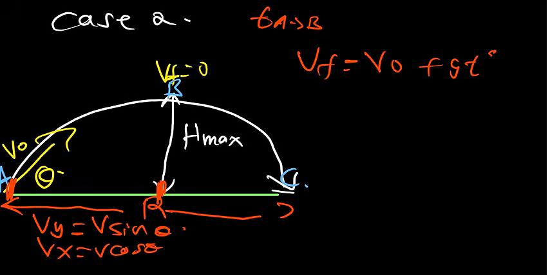Now remember, we are using Vy, so I'm going to say Vy here, and Vy here as well. Remember, when an object is going up, the value of G is negative 9.8, so it's going to be negative. The final velocity is going to be 0, meaning this part is going to be 0 here. Vy, according to this, what is Vy?